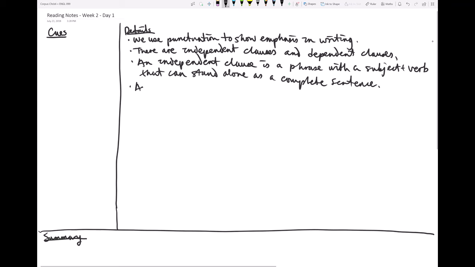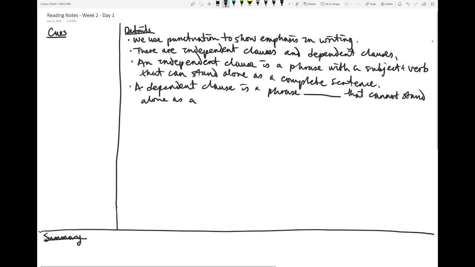A dependent clause is a phrase, gonna save time, that cannot stand alone as a complete sentence.